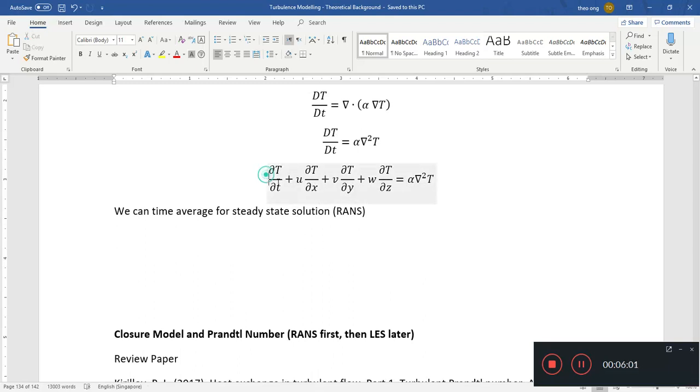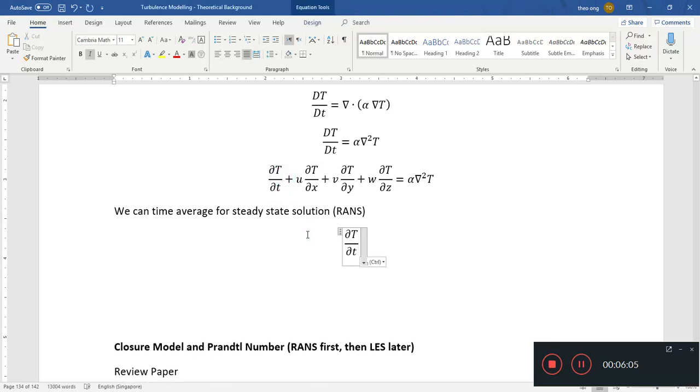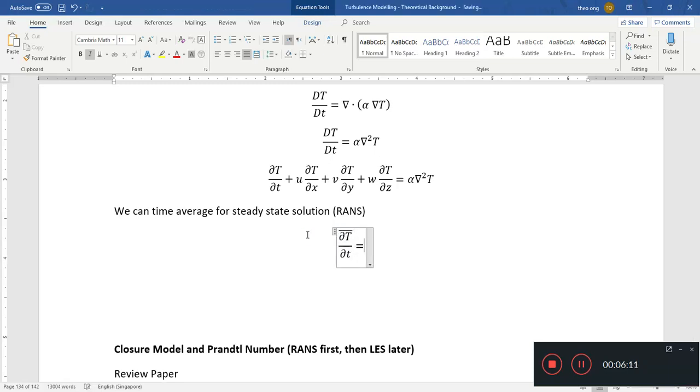So we'll time average, and this term usually disappears, because remember, we can bring this differential out of the integral when we do time averaging. Time averaging is just like integration, and this will reduce to 0 if you consider T over all time.